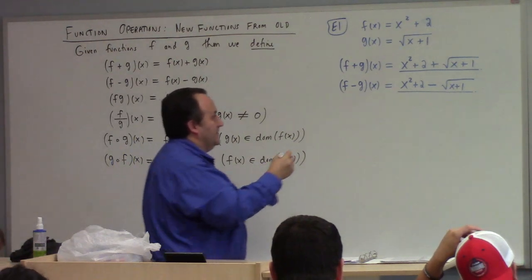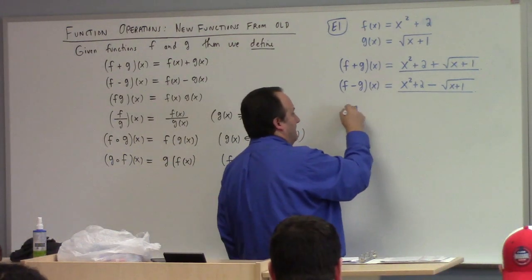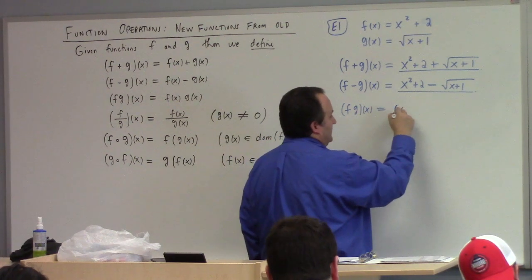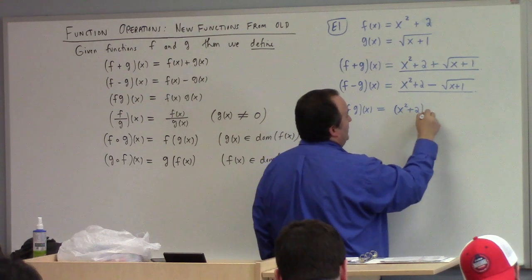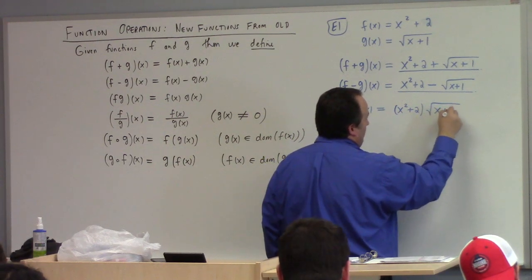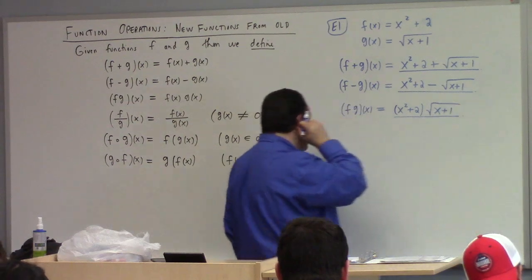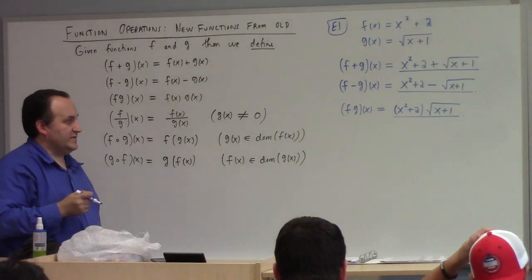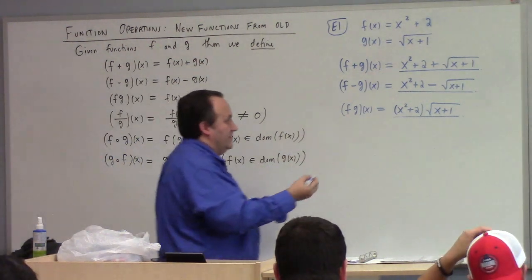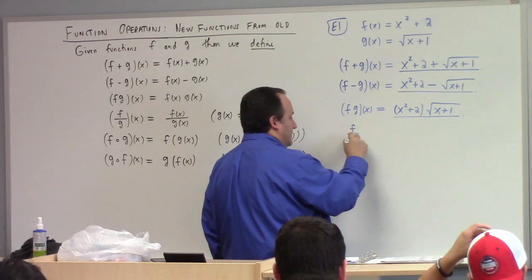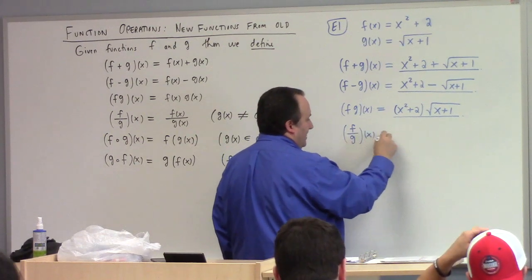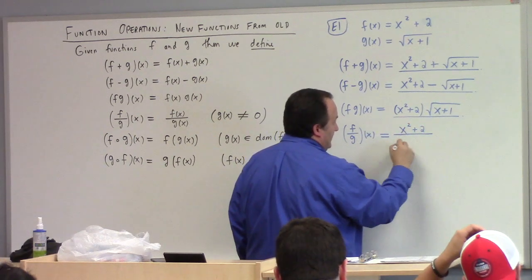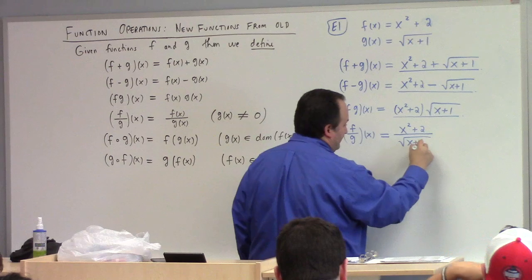Pretty simple. fg of x, we just multiply f of x, which was x squared plus 2, times the square root of x plus 1, and that's it. And the quotient, f over g, what do we got? We've got x squared plus 2 divided by the square root of x plus 1.